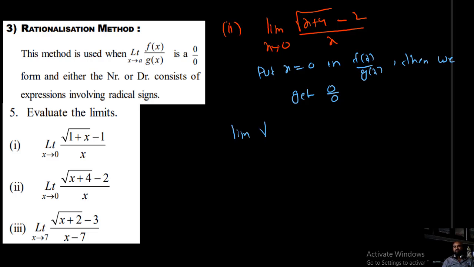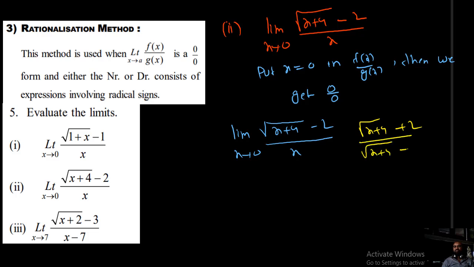Okay, so what should we do? We want to find the limiting value of the function by using an alternate method. So in this case I want to use the rationalization concept. Here also I want to rationalize the numerator, that's why root over x plus 4 plus 2 multiplied by root over x plus 4 plus 2 divided. Now the numerator is in the form of a plus b times a minus b, a square means x plus 4 minus b square means 4, by x times root over x plus 4 plus 2, x is tending to 0.